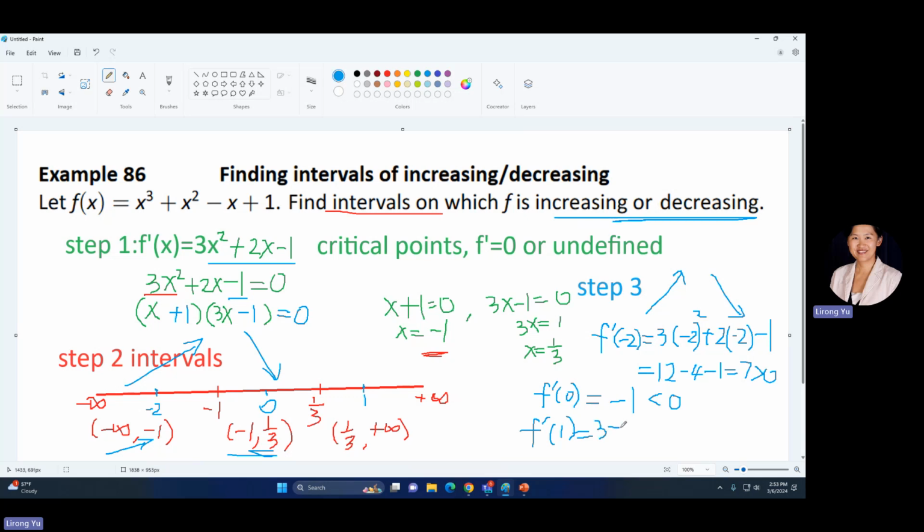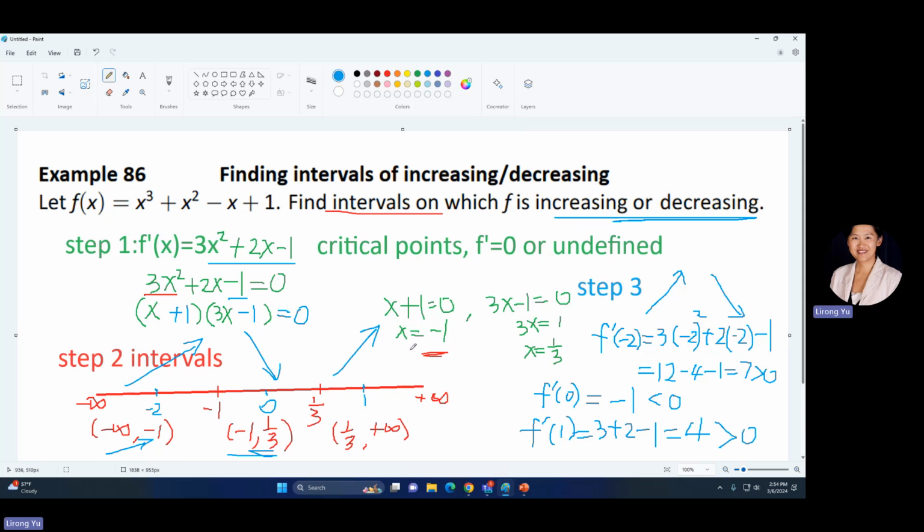So we get 3 plus 2 minus 1. That's 5 minus 1, which is 4. 4 is positive, and the function is increasing on the interval. So now we confirm that this function is increasing, then decreasing, then increasing on those 3 intervals. Any questions?